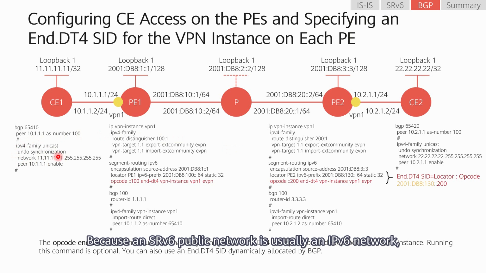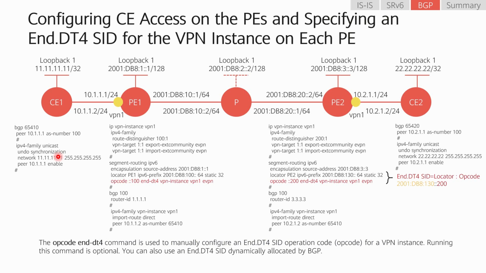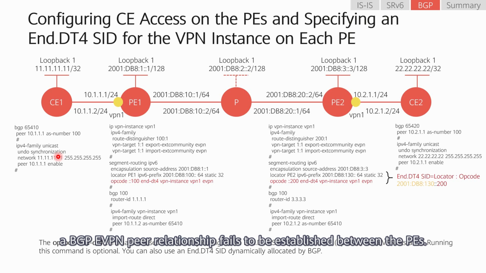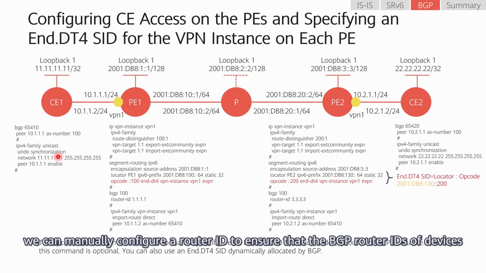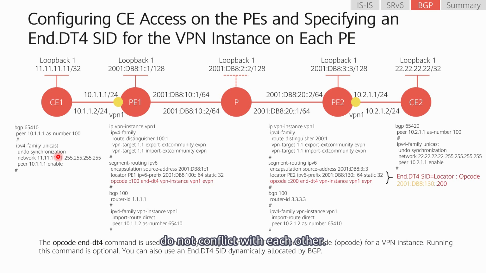Because an SRv6 public network is usually an IPv6 network, if the PE is configured to automatically generate a router ID, this router ID may conflict with another PE's router ID. If this is the case, a BGP-EVPN peer relationship fails to be established between the PEs. For this reason, we can manually configure a router ID to ensure that the BGP router IDs of devices do not conflict with each other.